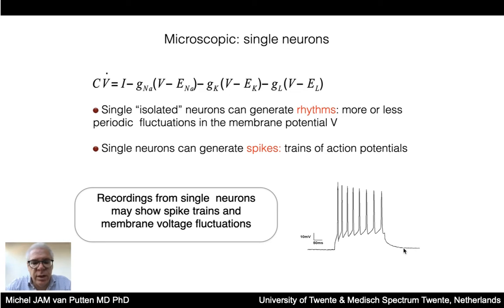And in principle, it's possible, if you stimulate the neuron below threshold, that you will only measure membrane fluctuations without the occurrence of spikes. So it's good to realize that two kinds of rhythms can be recorded: the spikes and the membrane fluctuations without the spikes.